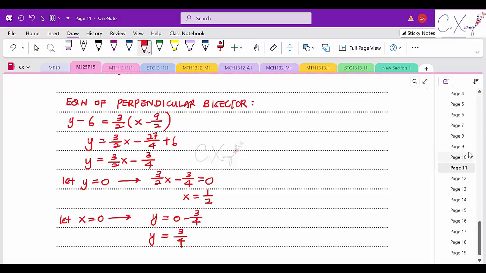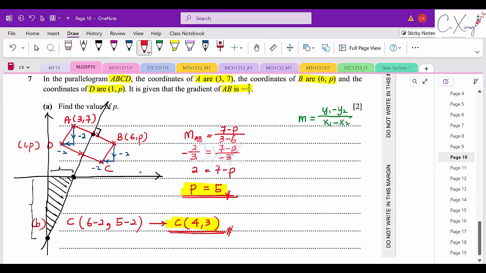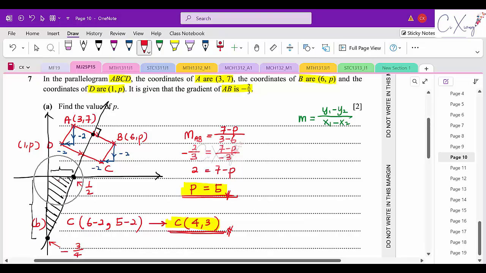So what does it mean here? That means, according to the diagram that we drew, the x-intercept is a half. Then the value of y here is -3 over 4. Okay, so to get the area of the triangle, you have to take half times base, which is the half, times height, which is 3 over 4.